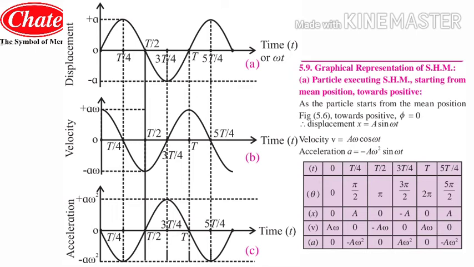After that, if we observe, there is the negative a. That's why the graph will bend down towards the negative a, and it will reach the negative a. Then again it will rise to 0, as we have obtained the value of x for 2 pi is 0.